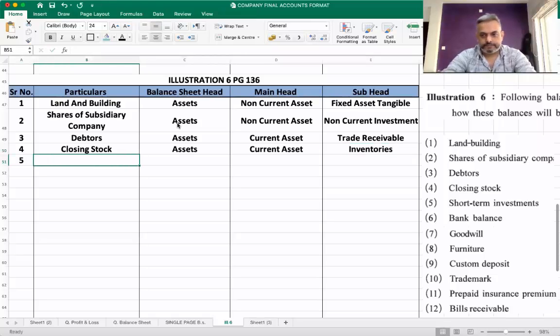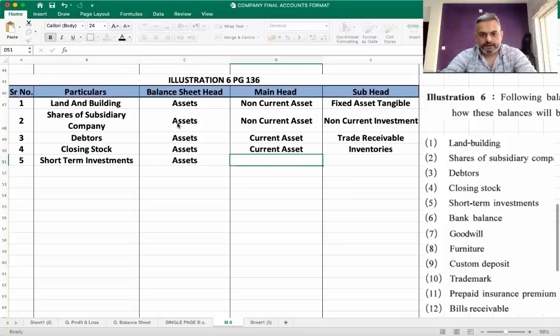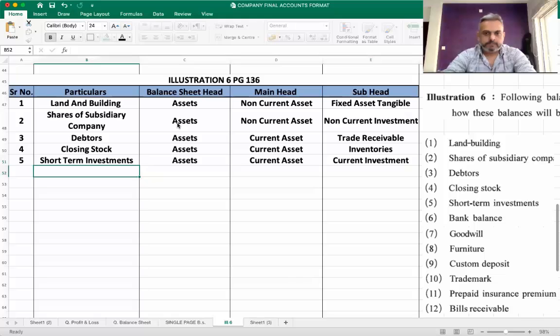Fifth, short-term investments. Clearly given it is a short-term investment, asset, current asset, short-term current investments. Sixth, bank balance.